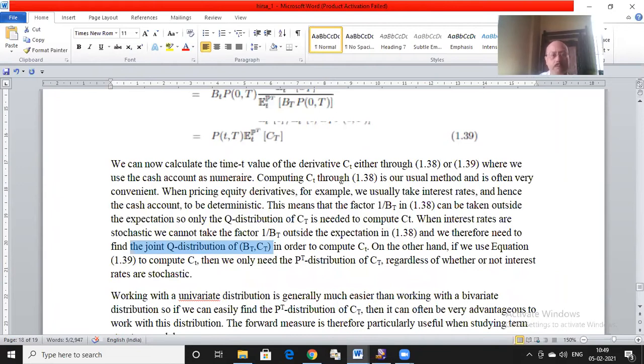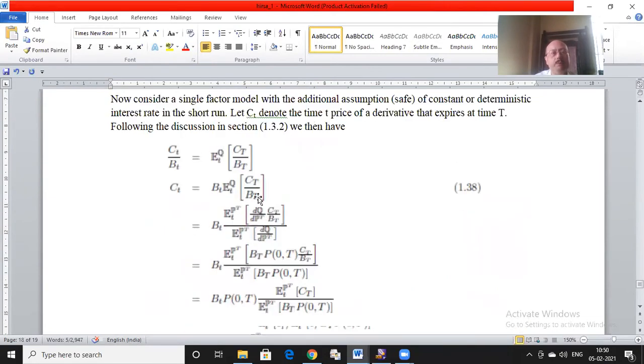It will depend on what situation I am facing. If I am using 139 to compute CT, then I will need a one-dimensional distribution, the T forward expectation of CT. And if I am using the direct risk neutral measure, then I am computing the expectation of a ratio. Of course, if interest rates are non-stochastic, then both reduce to the same thing and I have just one random variable to evaluate.